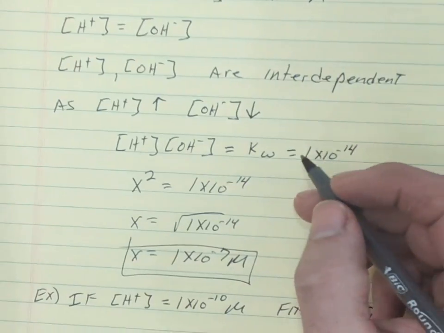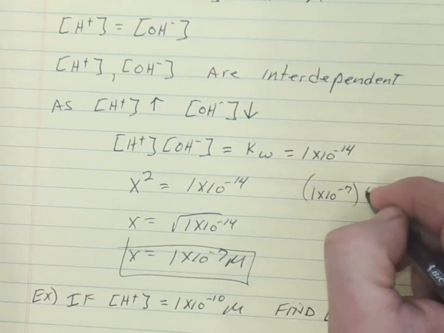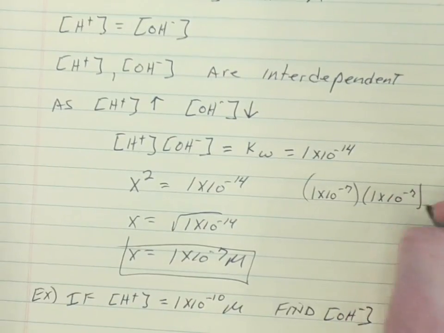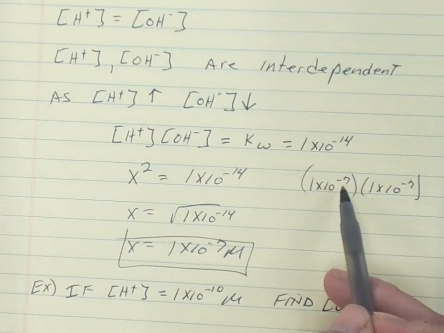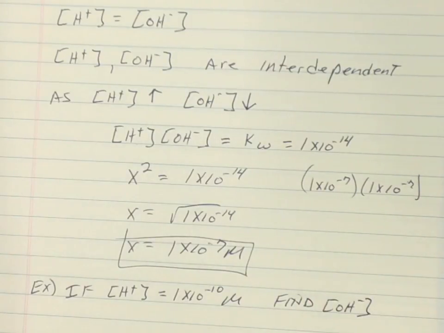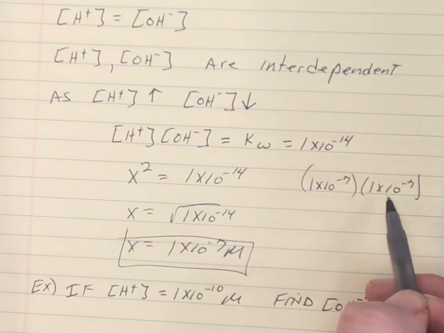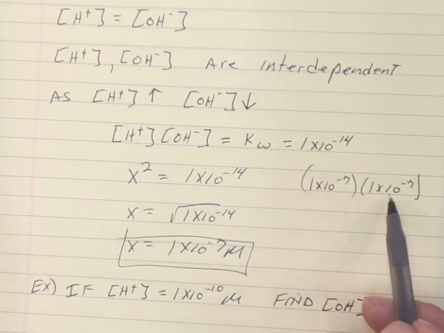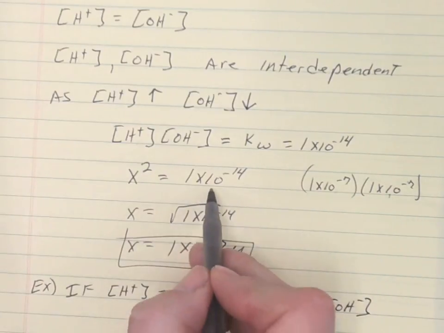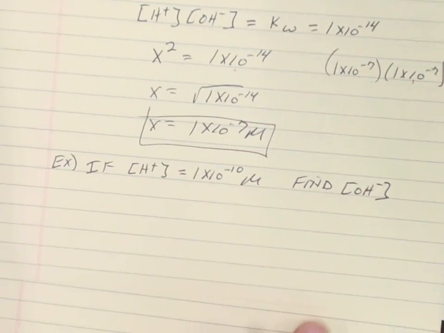If I said multiply these two numbers together, you would end up adding negative 7 plus negative 7, and you would get negative 14. So when you take the square root of 1 times 10 to the negative 14th, it takes you back to 1 times 10 to the negative 7th. You're multiplying negative exponents to get 1 times 10 to the negative 14th, so when you take the square root, it takes you back to just one of them.